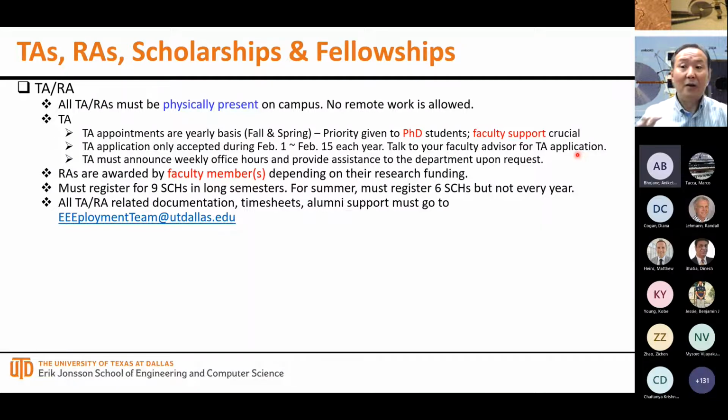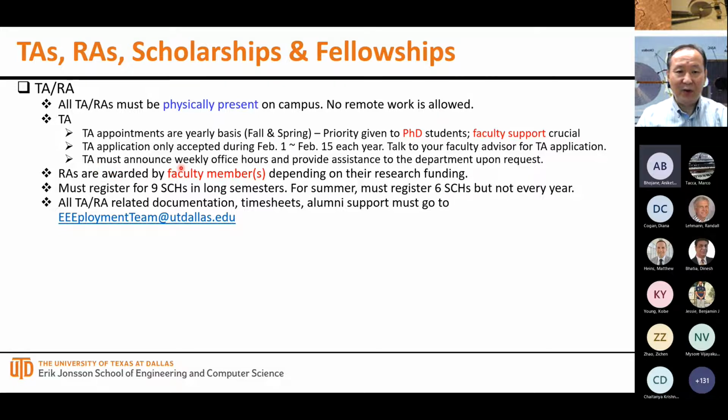What I mean by the faculty advisor here is the research advisor. If you have a faculty member of your research interest, you can talk to them and have them support your application. That is what you need for the TA appointment.